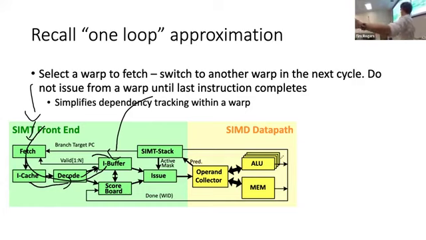I've got 32 or 64 different warps on this core. If I've fetched and decoded instructions from all 64 of them, then I know there's no cross dependency between the warps. I only have to worry about intra-warp dependency in my registers. So it gives you a lot of independent work to issue between.